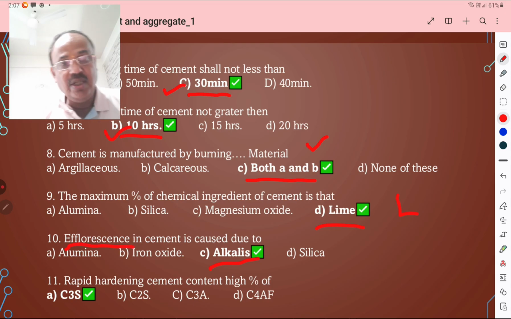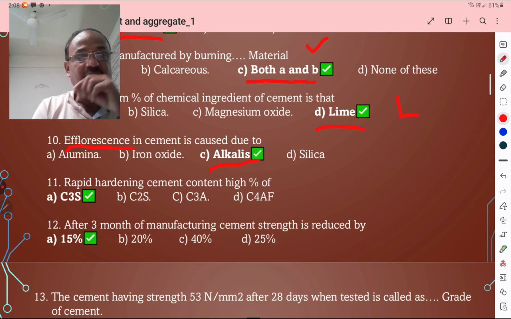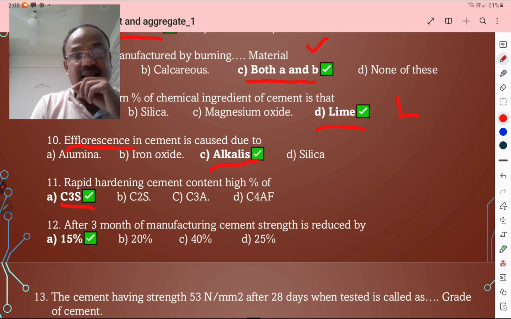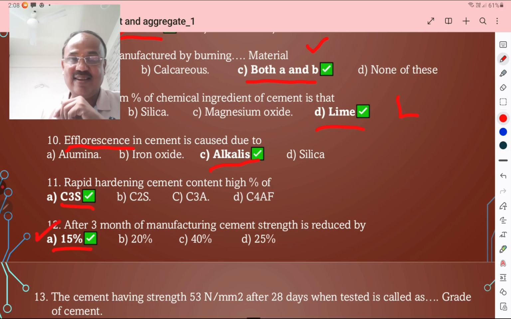That is very important. Rapid hardening cement contains a high percentage of C3S, that is tricalcium silicate. After 3 months of manufacturing of cement, strength is reduced by 15%. So cement should be used as early as possible.